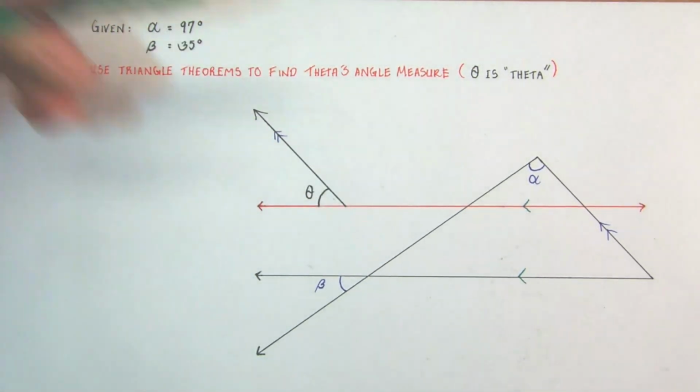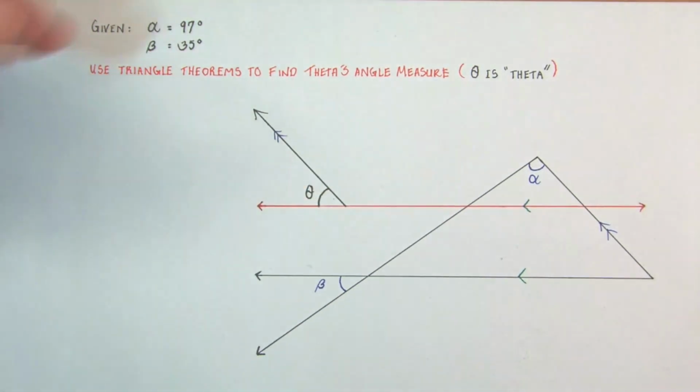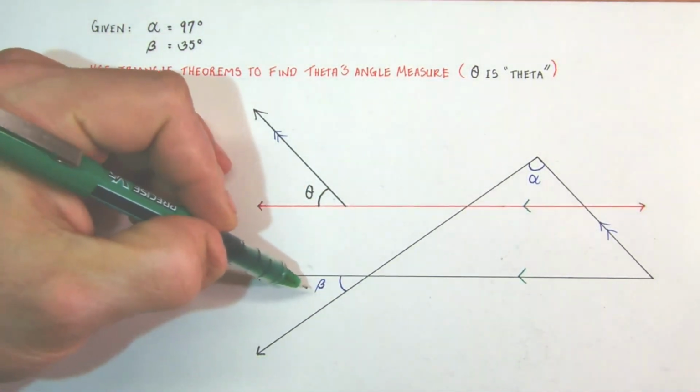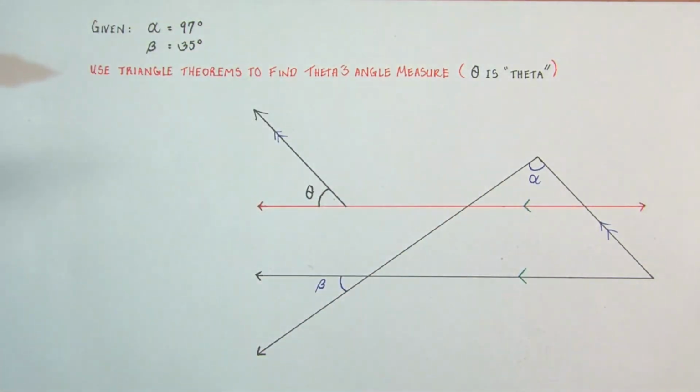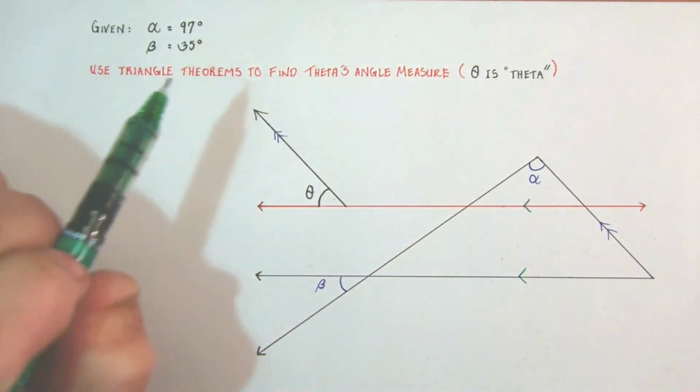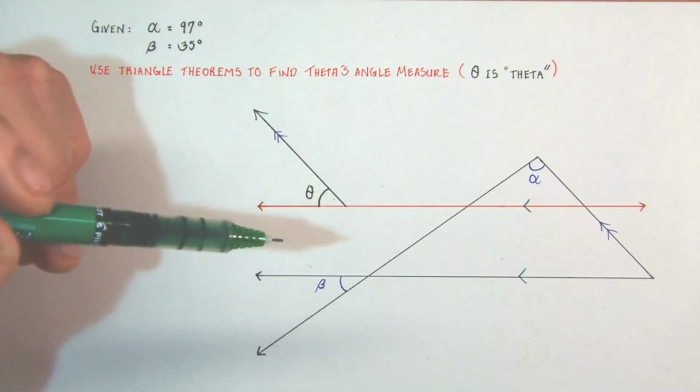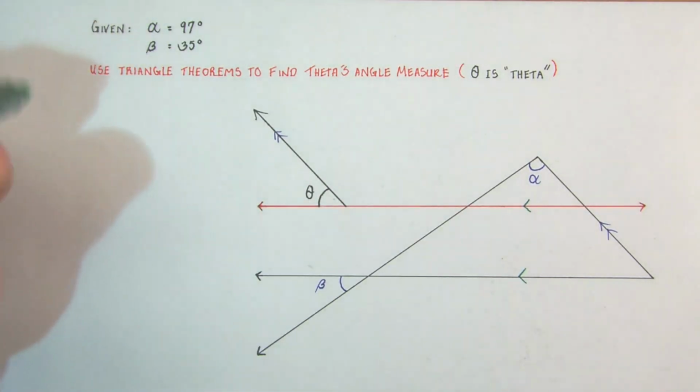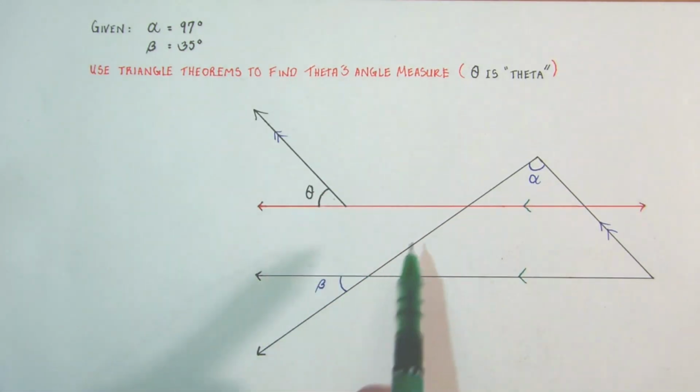So what we're going to do now is begin. Now, we can start either with beta or with alpha, but if you think about it for just a minute, you aren't free to start with alpha. If I put alpha in there at 97, I won't be able to solve the other two angles.